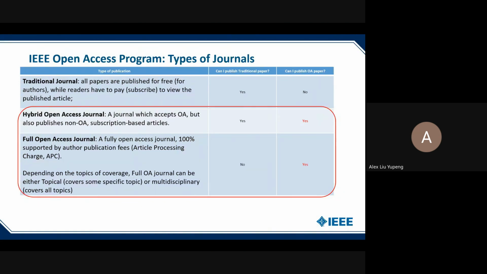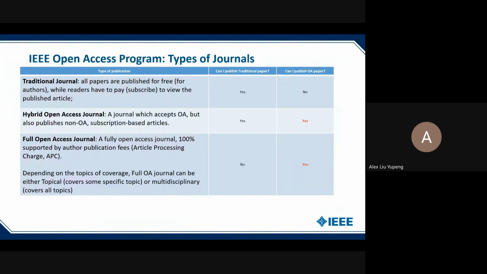So before we talk about open access, let's look at the first row, which is the traditional journal. The traditional journal is how papers have been published by academics in scientific communication for decades, literally for centuries, I think starting from the 17th century.